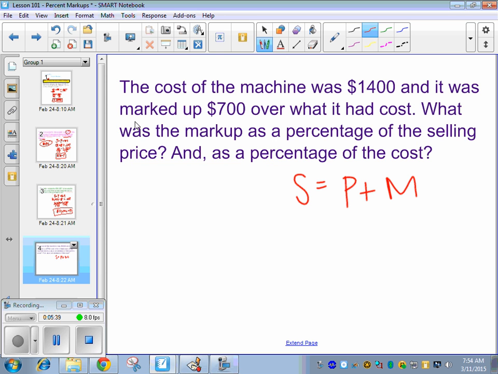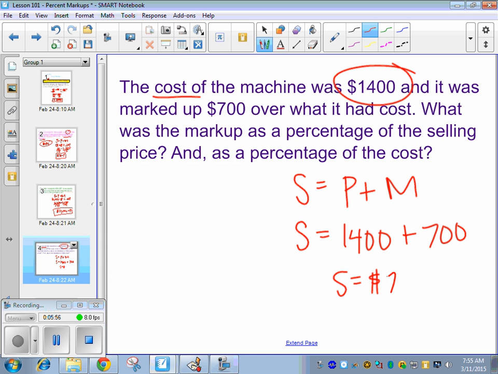And this time, the cost, meaning what we paid when we bought it before we marked it up and sold it, is the purchase price because it cost us that much money. And then we marked it up $700, which means that the selling price is $2,100, which we have to find in order to solve.